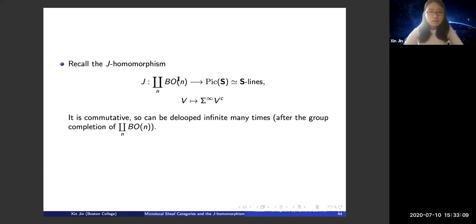Usually one also does a group completion of this BO_n. Then you see one of these Bott spaces. After the group completion, it becomes Z cross BO, and then this map is an infinite loop space map.